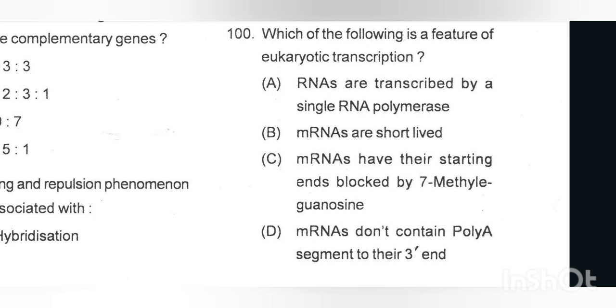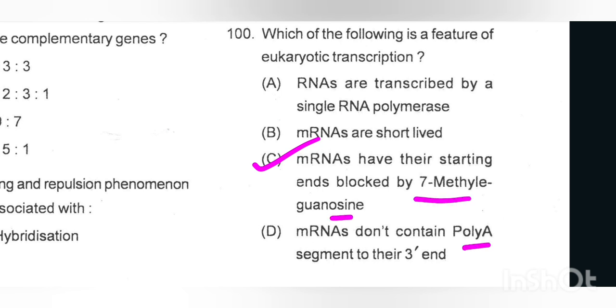No, there are many RNA polymerases. mRNA are short lived. No, it is long lived. mRNA have their starting ends blocked by 7 methyl guanosine. So it is the correct answer because they have 7 methyl guanosine at one end.